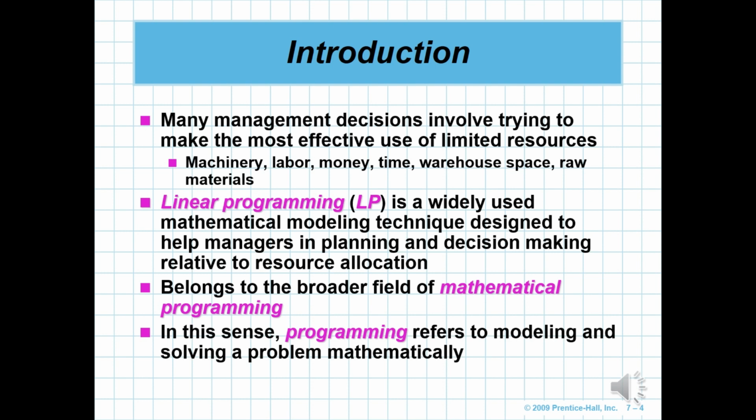Many management decisions involve trying to make the most effective use of limited resources. For example, we have several resources: machinery, labor, money, time, warehouse space, and raw material. For real world problems, sometimes we want to minimize the cost of production, and sometimes we want to minimize the time of production.